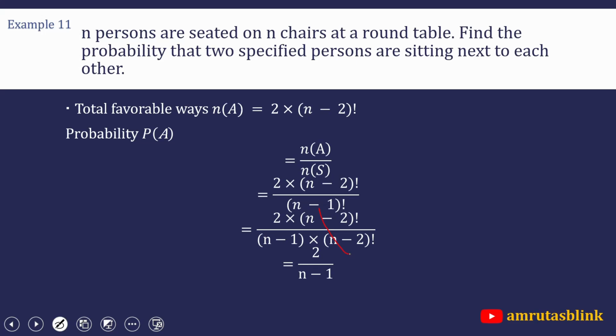So probability of this particular event is 2 upon n minus 1. I hope you have understood this specific variety, that how arrangement in linear way, whenever we need to arrange people to sit in linear arrangement, and in a circular arrangement how it differs.